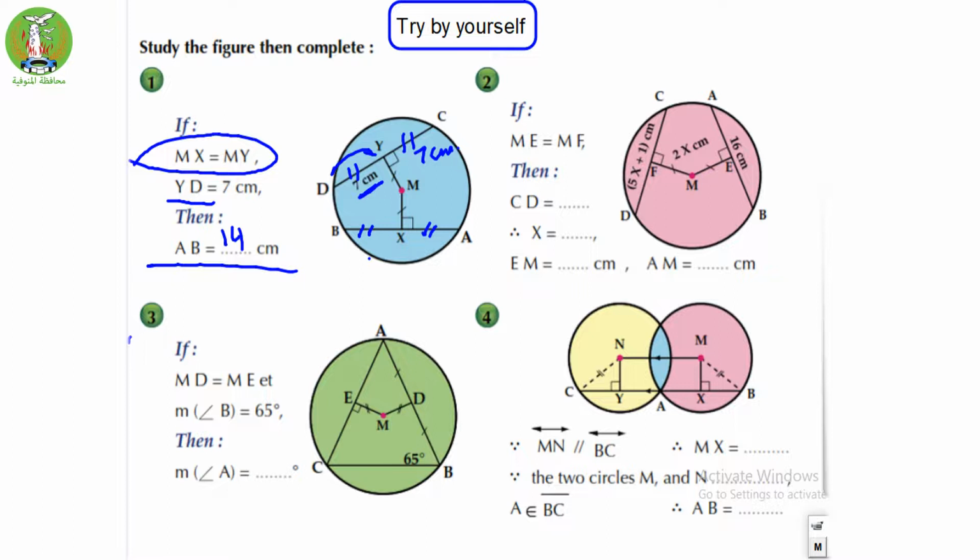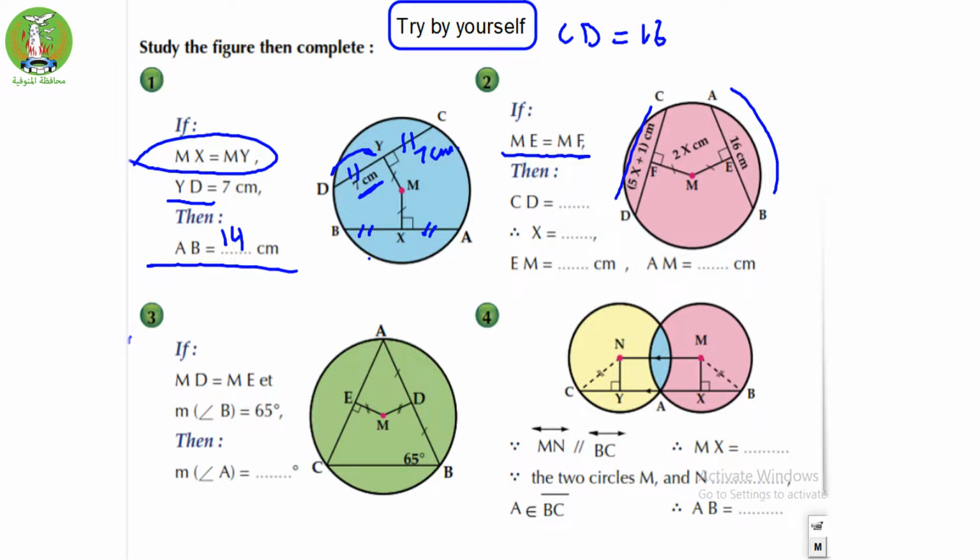In the second figure, if ME equals MF, ME and MF are two distances. Since the distances are equal in length, then the chords are equal in length. Then AB equals CD. Since AB equals 16 centimeter, then CD equals 16 centimeter.